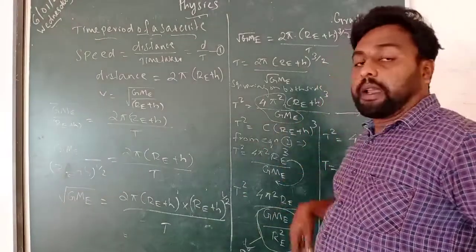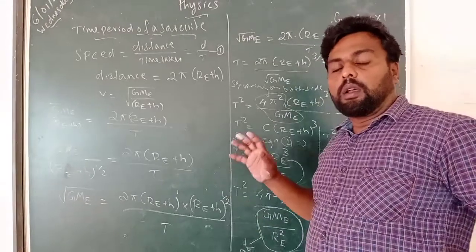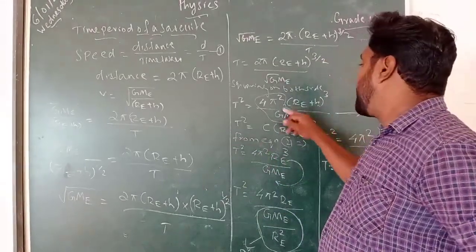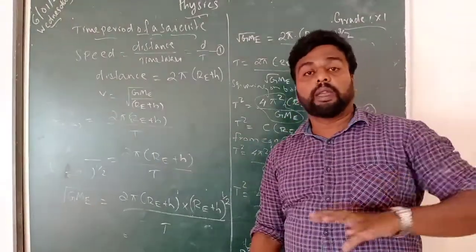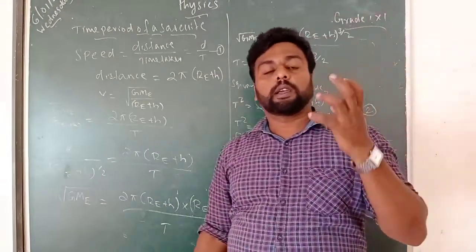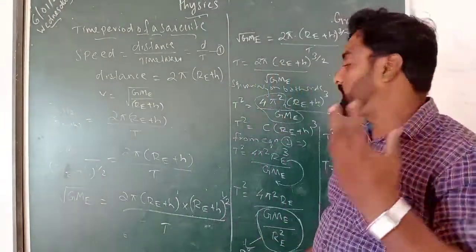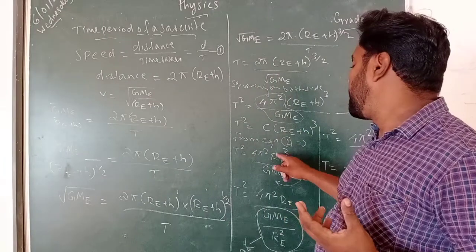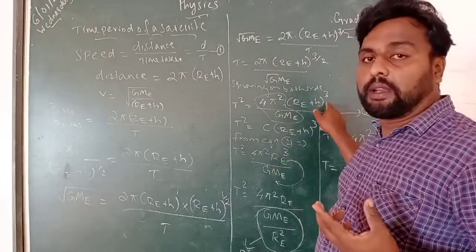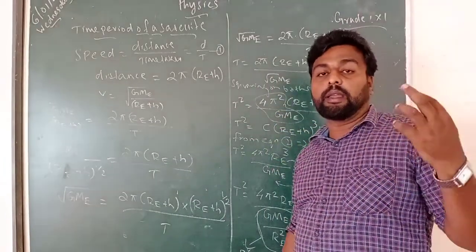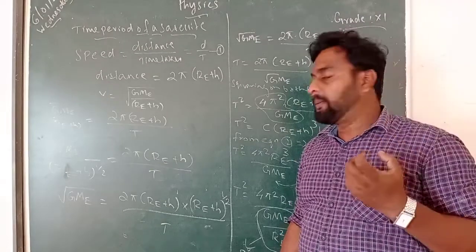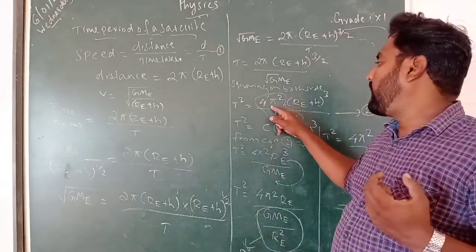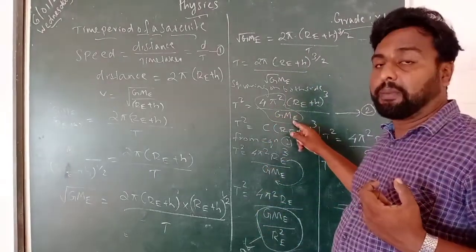So this is the time period, and after simplification we can write this 4 pi square by G M_e as a constant c, just a constant c. From this equation again we can find the time period in terms of g. For that we need to find out 4 pi square by G M_e.